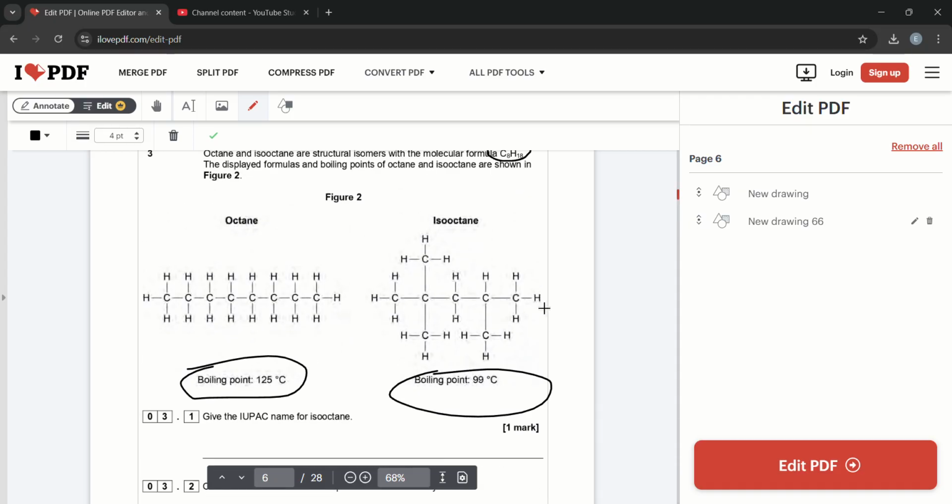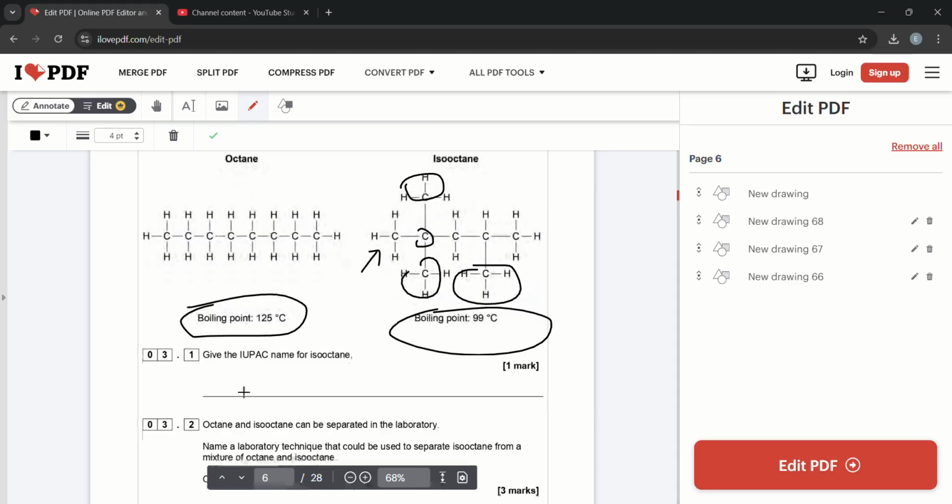So we're going to start from the left hand side, so it's going to be 2, and we've got 1, 2, so 2, 2, and then 1, 2, 3, 4 methyl, so it's going to be 2, 2, 4 dash trimethyl.